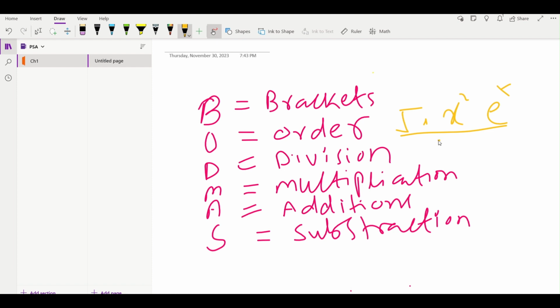Third is division. Multiplication is like this, an asterisk or a small multiplication sign. Addition means add up. Subtraction means only the minus sign.